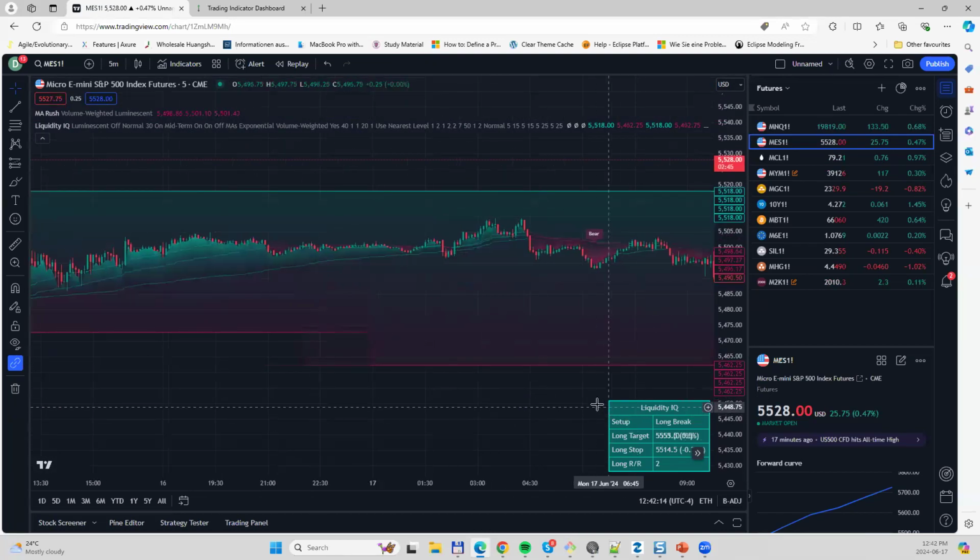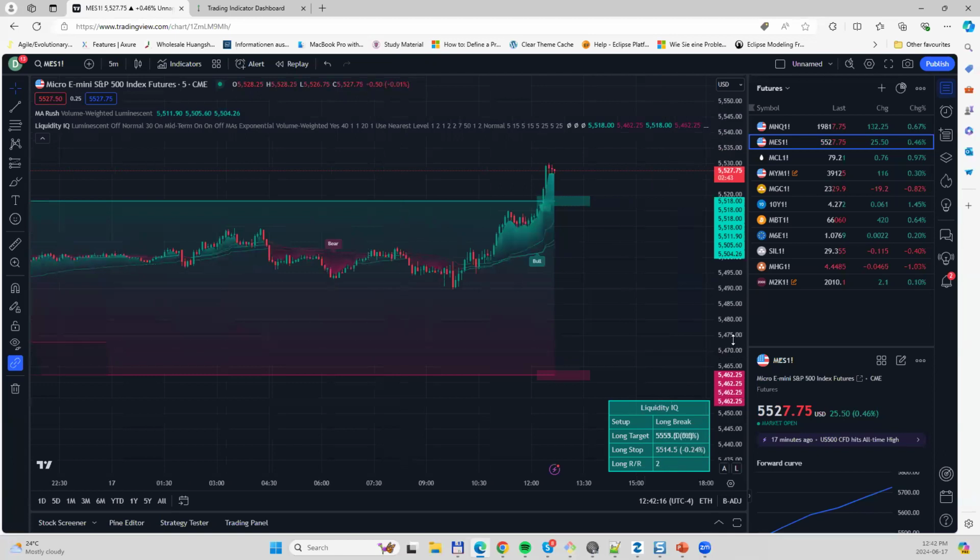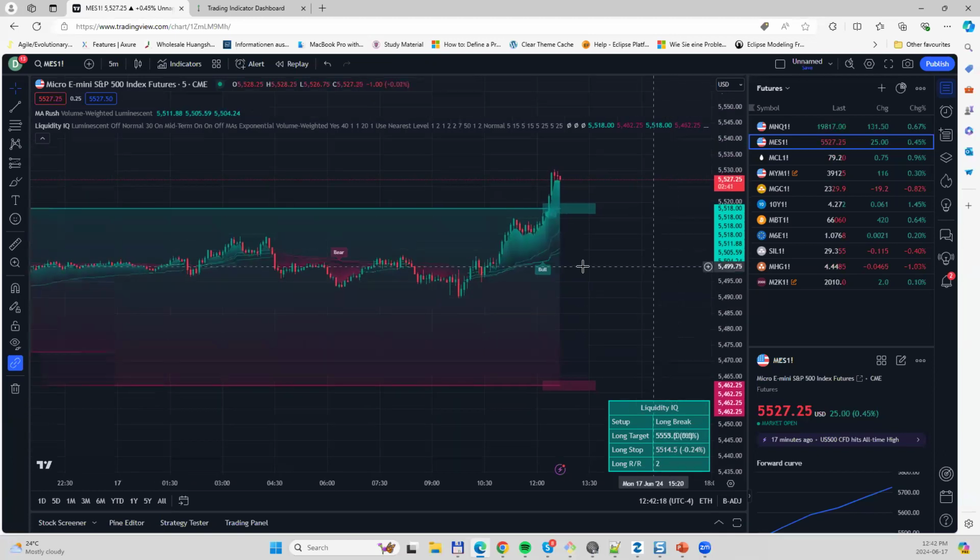But having this said, now that we revisit ES here, we can see that it initially, with our zone break signal here, price followed through nicely, but now it kind of stopped. And this is something we see over and over again, is that price may bounce off this level, which is now acting as support, and then it will go to the upside. So we may see this.